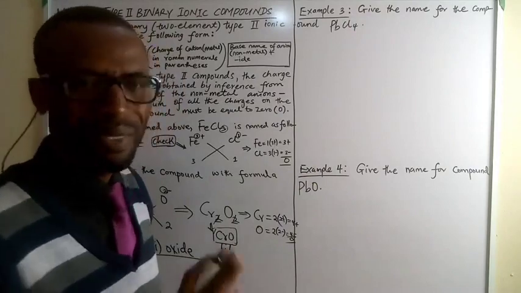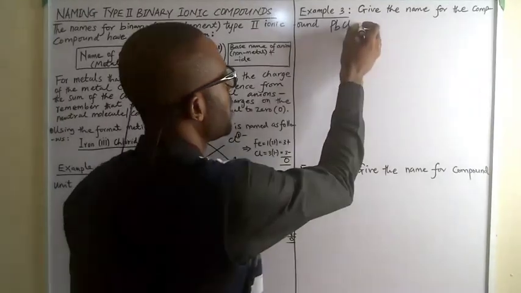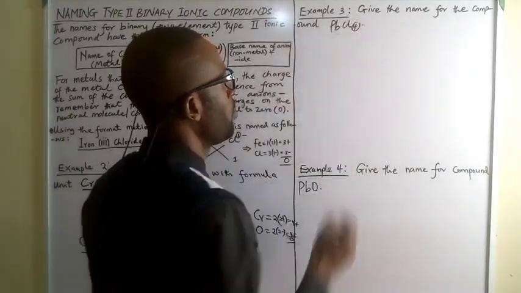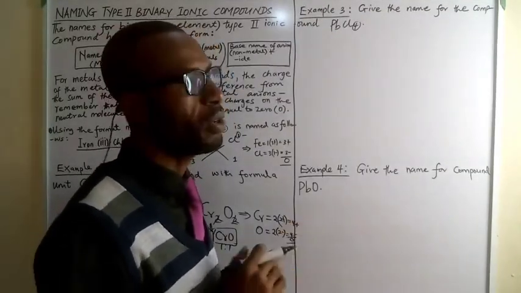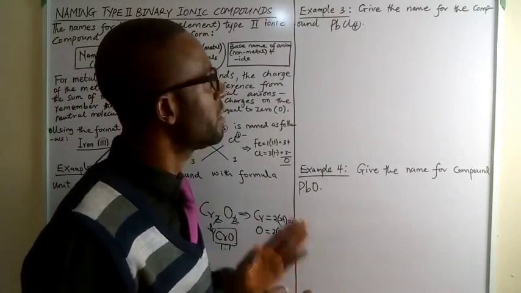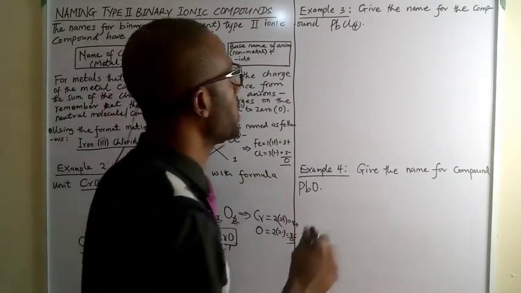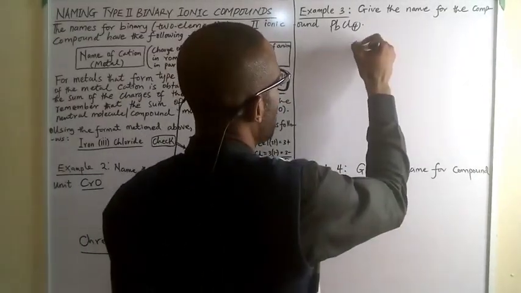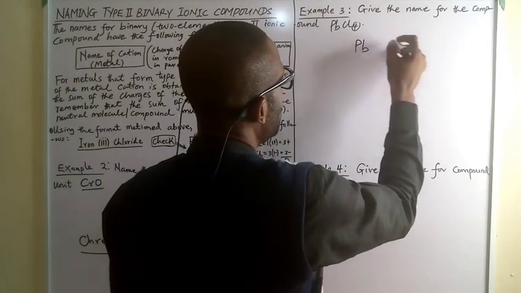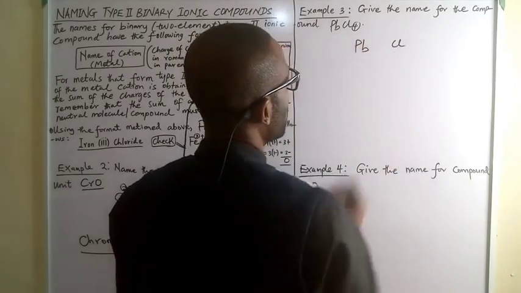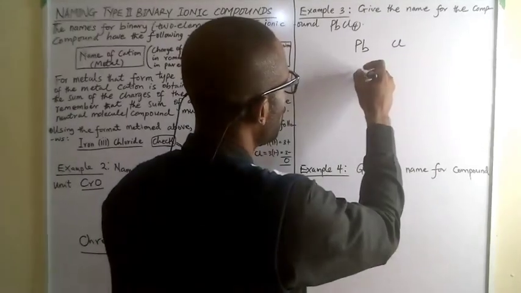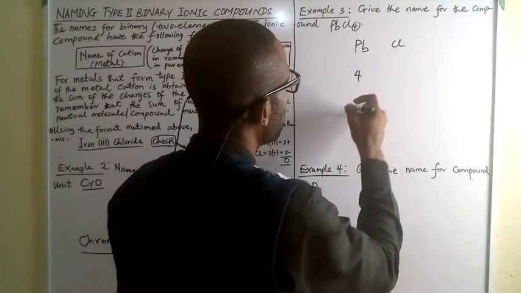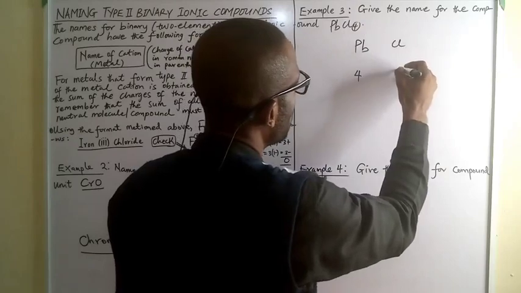So give the name of the compound PbCl4. It's very simple. Just know that the subscript of the non-metal is the charge of the metal. It's that simple. To cut the long story short, that is the charge. Again, if you want to do what I have always done, you know that Pb here and Cl minus. This is what you have. Of course, I've just told you that this is 4, and this is 1.